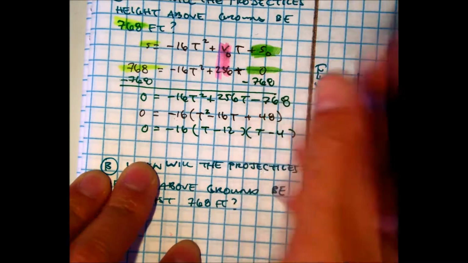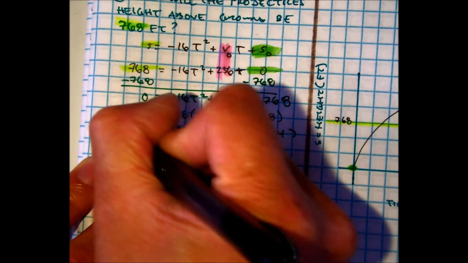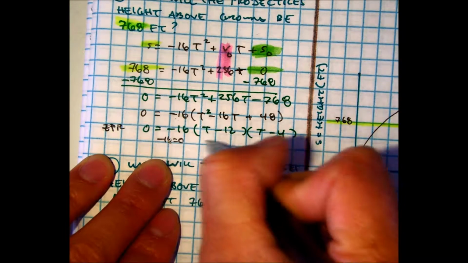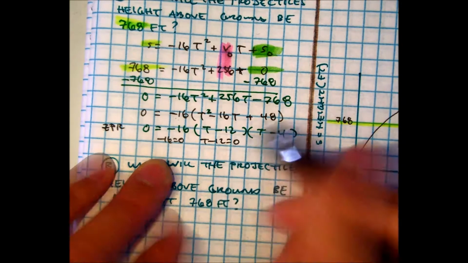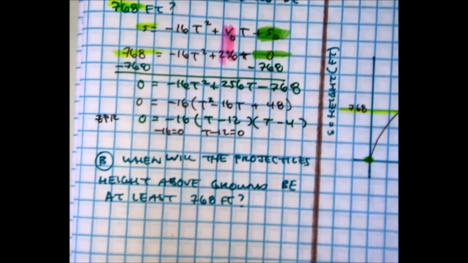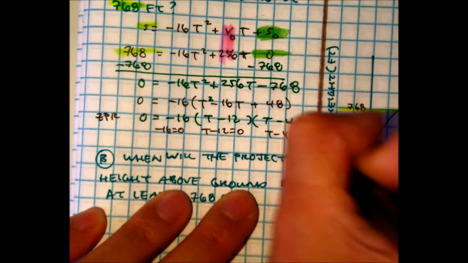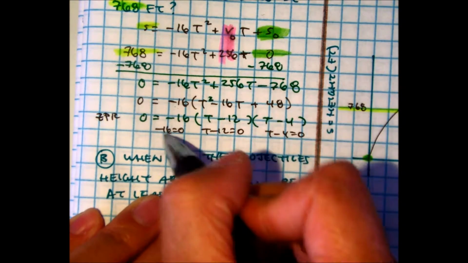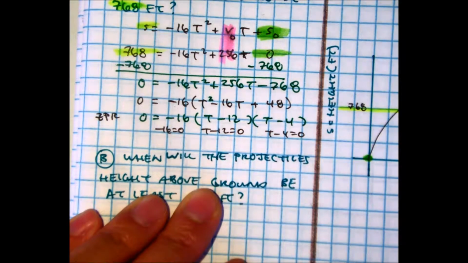I can apply the zero product rule, ZPR, to solve. So negative 16 equals 0, t minus 12 equals 0, and t minus 4 equals 0. Class, can negative 16 ever equal 0?